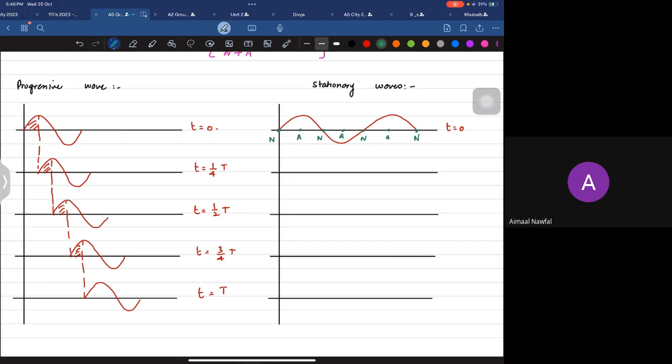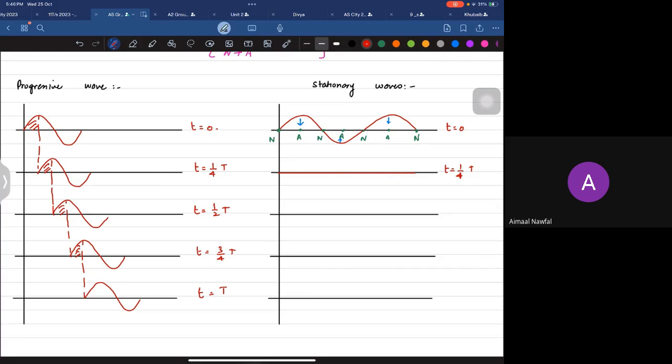Because these waves stay stationary, they don't move. So when the time period becomes a quarter, the maximum points, which are antinodes, come down, these go up, and they come down. So these create basically a straight line like that.